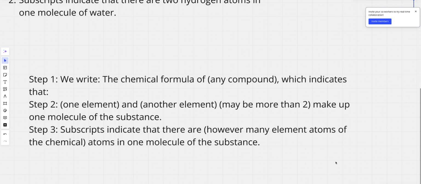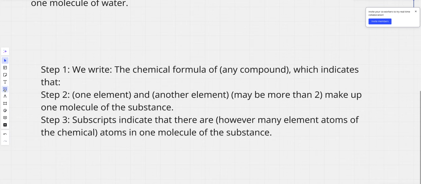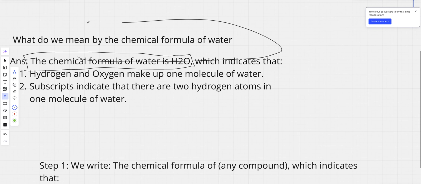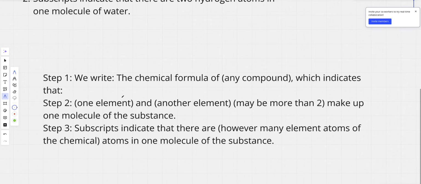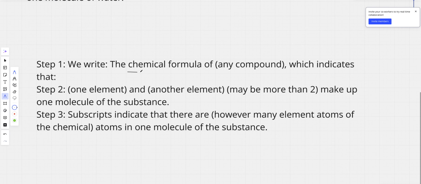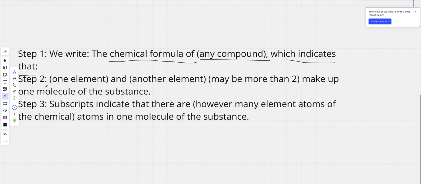This is basically the format to answer every type of chemical formula question. What do we mean by the chemical formula of dash? First, we write the chemical formula of dash, which indicates that. Then we write this element and that element, maybe more than two elements, make up one molecule of the substance.